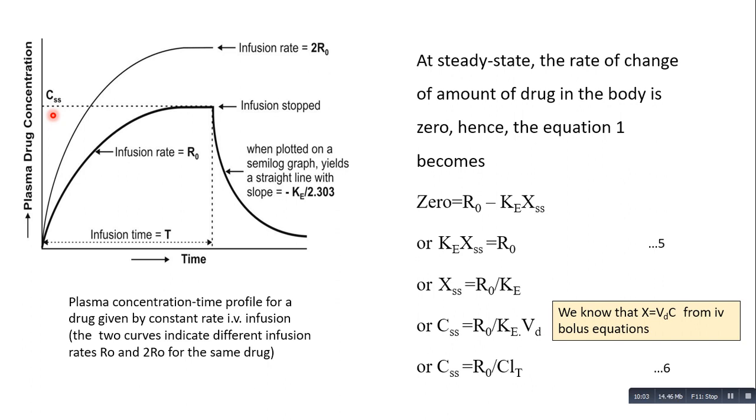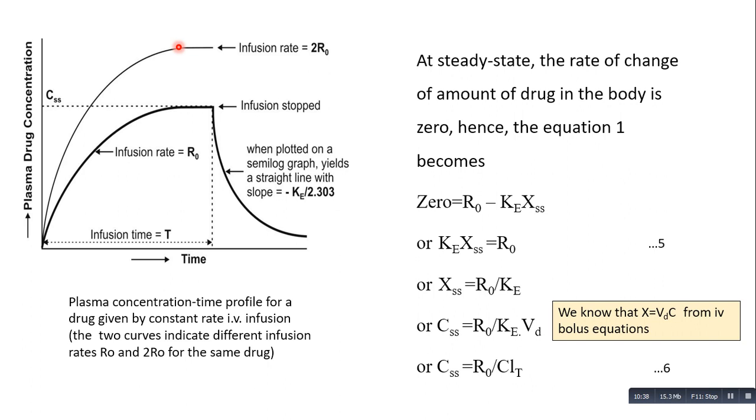In this case, the plasma drug concentration will increase, so for this case the CSS, or the steady state concentration, is again at this time. So the time will remain the same. Simply the plasma drug concentration will increase. Basically, the time required to reach the steady state concentration depends upon the T half. So it doesn't depend upon the infusion rate.